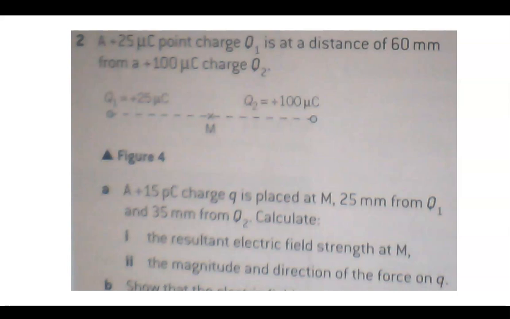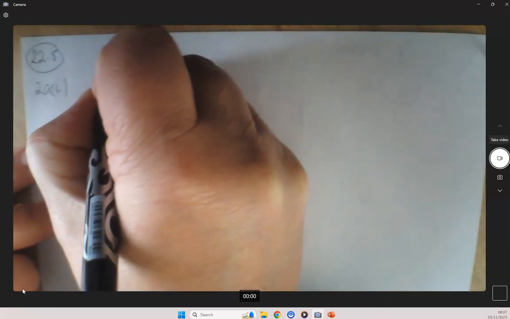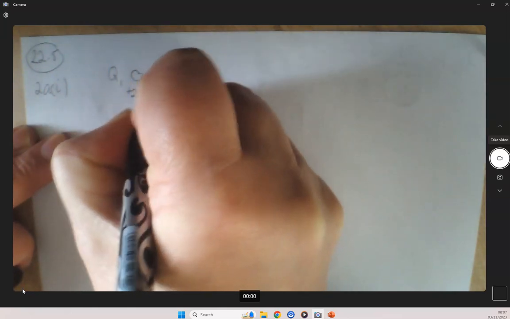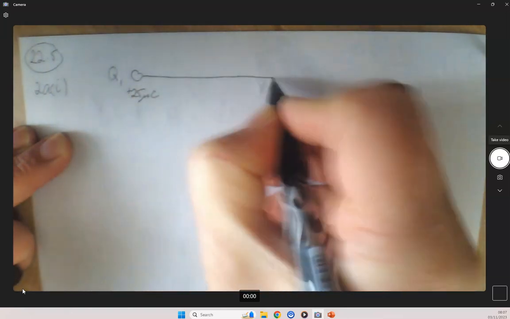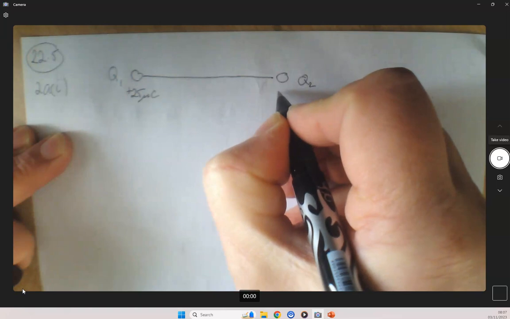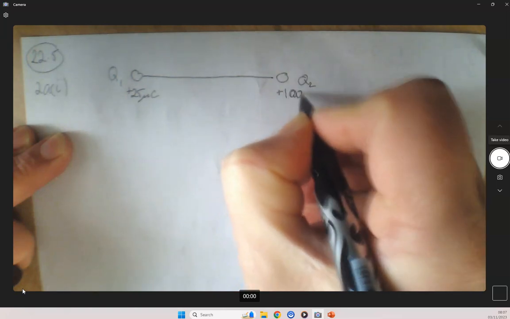Okay, so jumping across, we have our setup that has got Q1 here, which has got plus 25 microcoulombs of charge. And then the other side we've got Q2, which has charge of plus 100 microcoulombs.